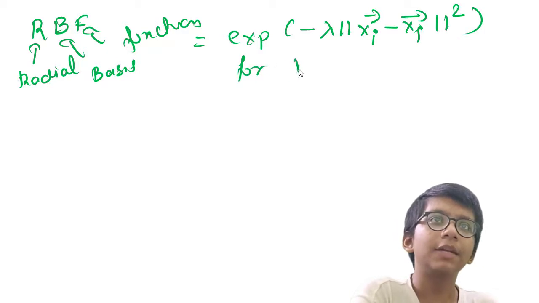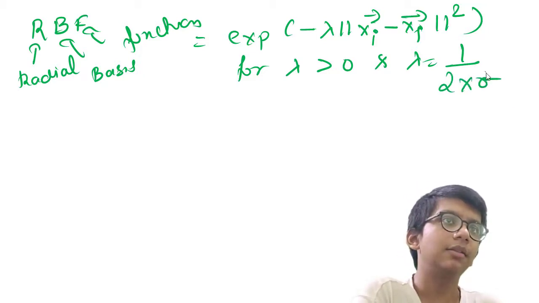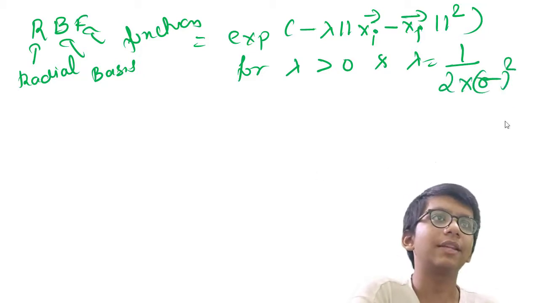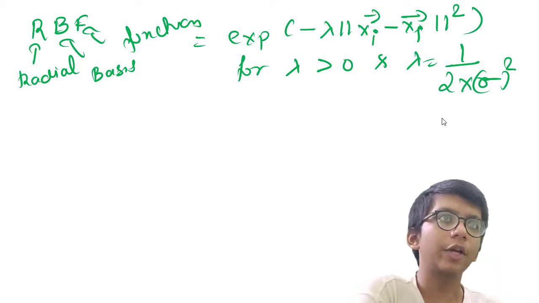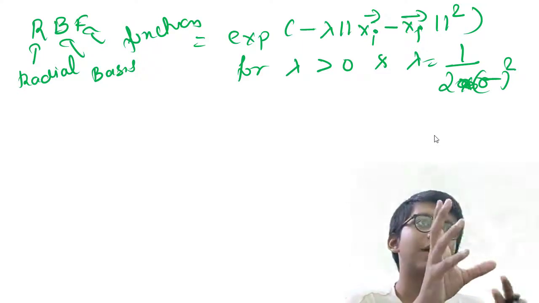Lambda is sometimes parameterized as 1 over 2 times sigma squared.